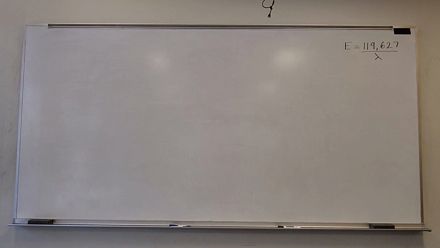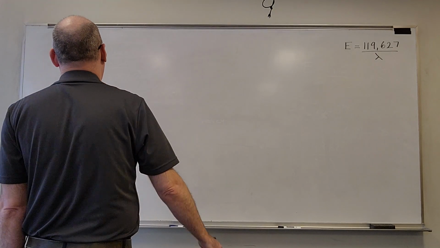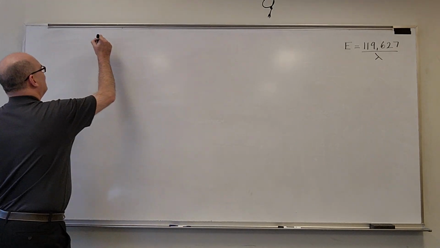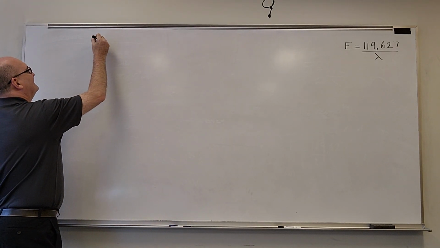All right. So on page 14, it's kind of putting the cart before the horse, but no, it's fine. Ozone is an allotrope of oxygen. All right, let's go back.